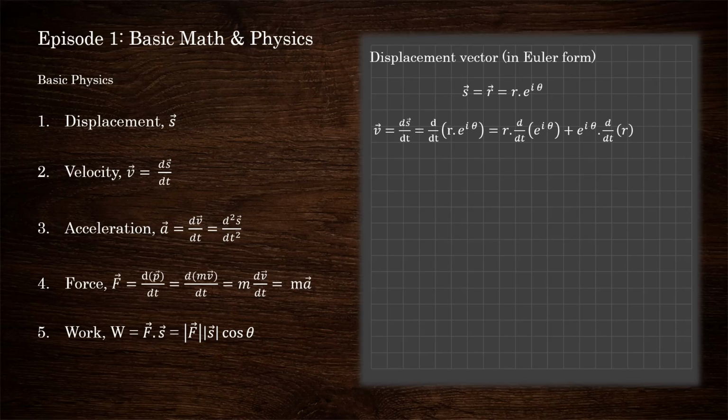R e to the i theta can be differentiated as shown here. This just means I keep R constant and differentiate e to the i theta, then I keep e to the i theta and differentiate R. What this means is I get two terms: d over dt of e to the i theta, and d over dt of R.